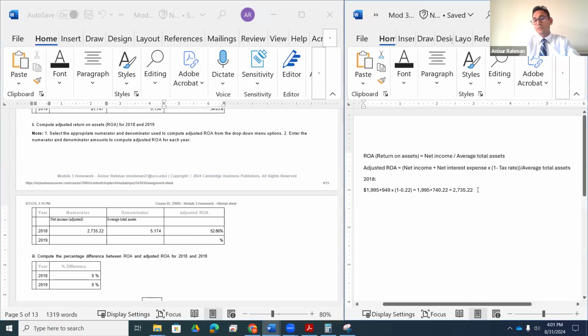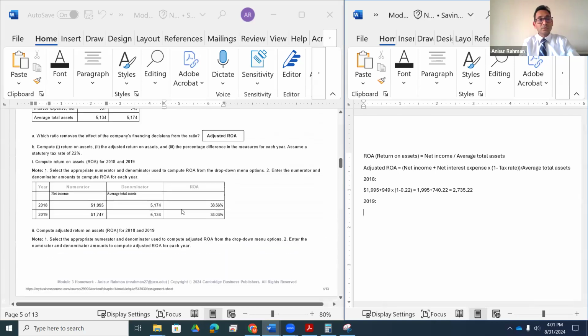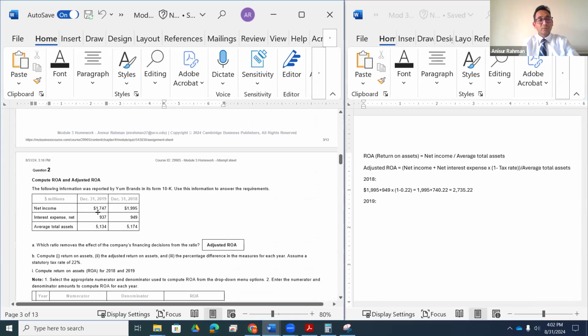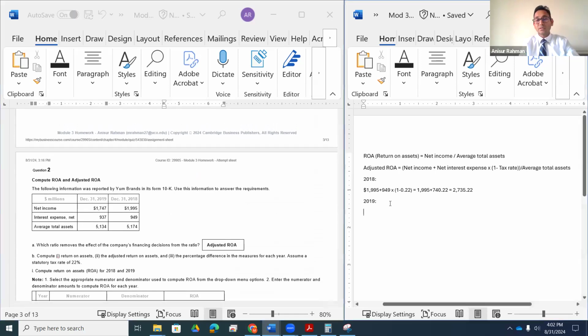For 2019, we'll follow the same process. Our net income was 1747. Plus 937 times 1 minus 0.3.